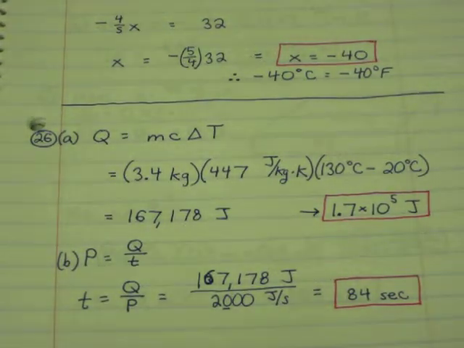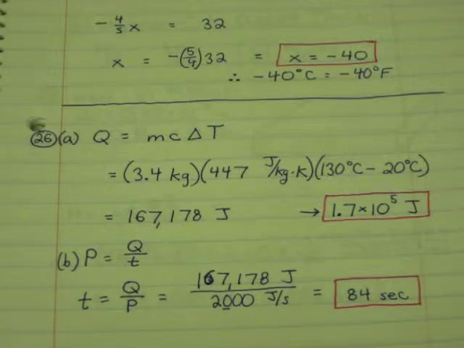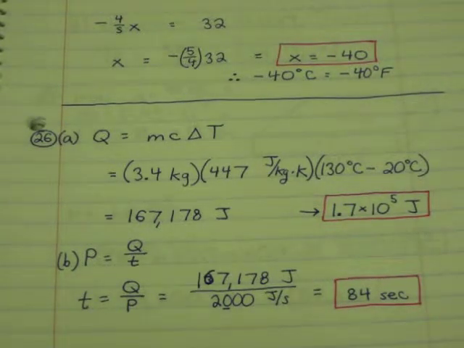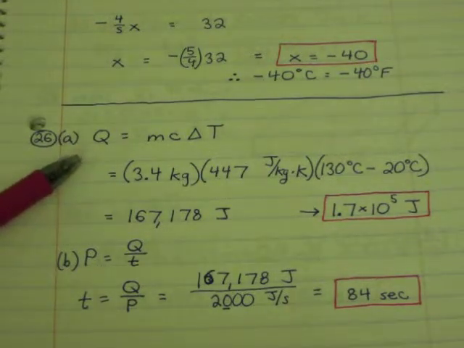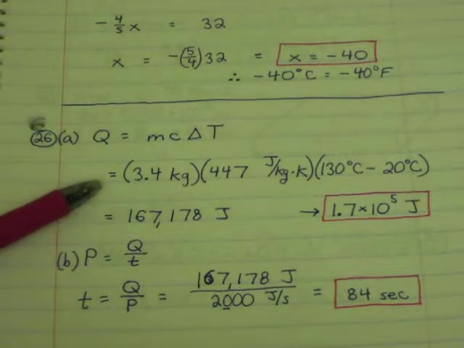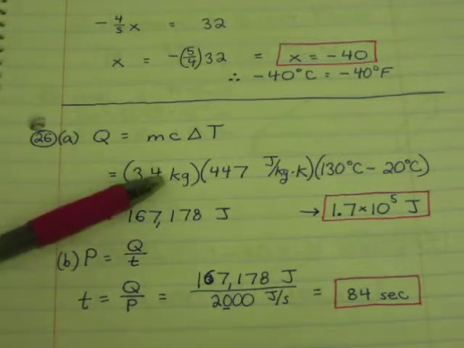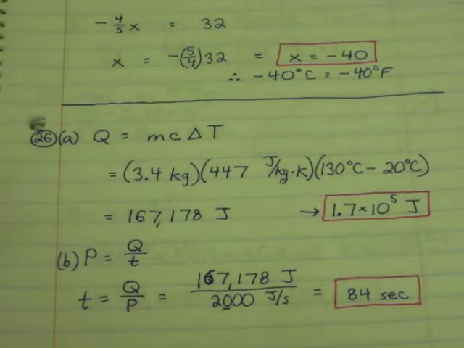Number 26. How much heat does it take to bring a 3.4 kilogram iron skillet from 20 degrees to 130 degrees? And then it asks a question about the time. The heat to raise a solid's temperature is Q equals mc delta T. There's the mass, times the specific heat C of iron, that's 447 joules per kilogram Kelvin.